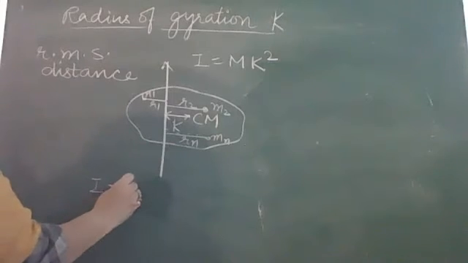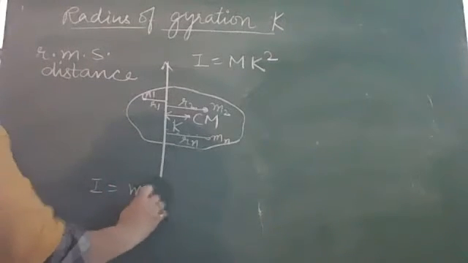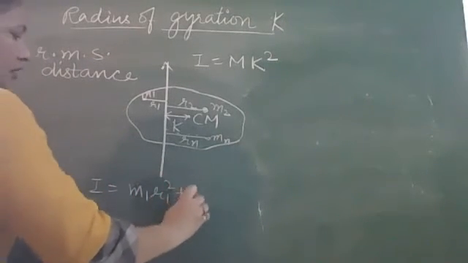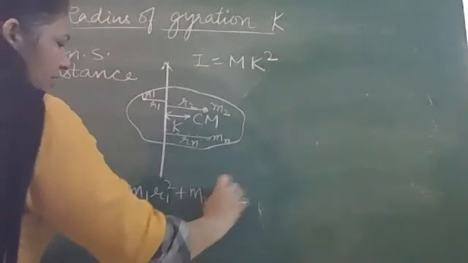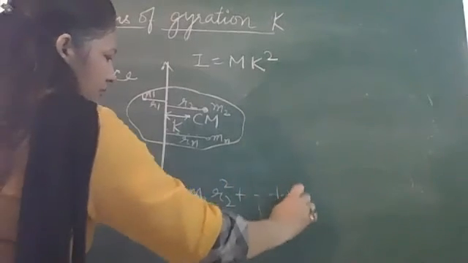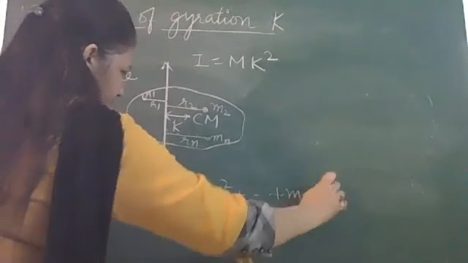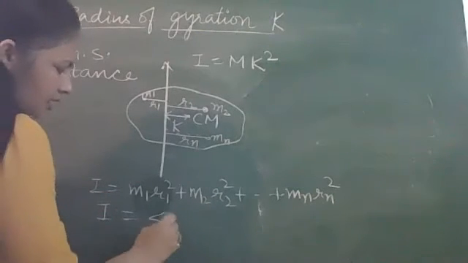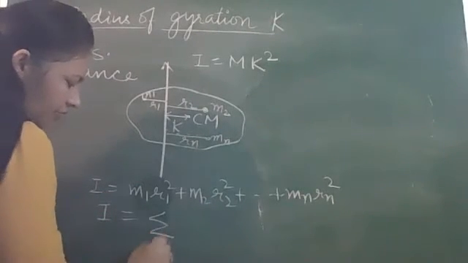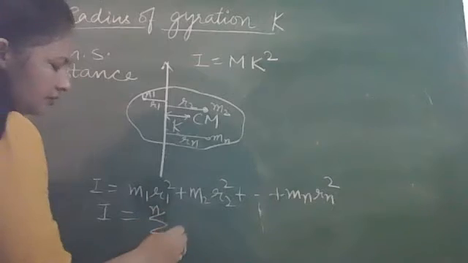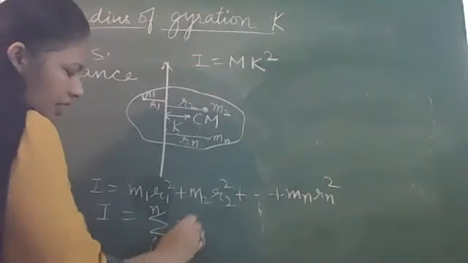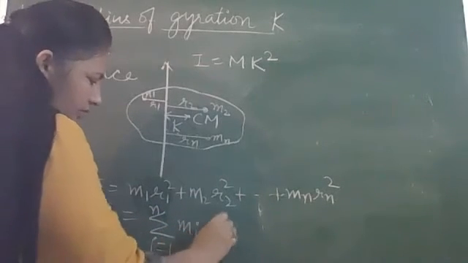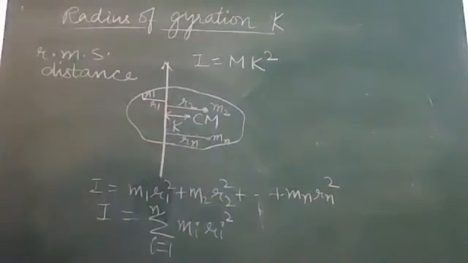I can write the moment of inertia as first particle, yesterday also I told you, second particle, and so on up to the nth particle. Or simply we can say it is the summation of i varying from 1 to n, m_i r_i square. In summation form we could have written this also.